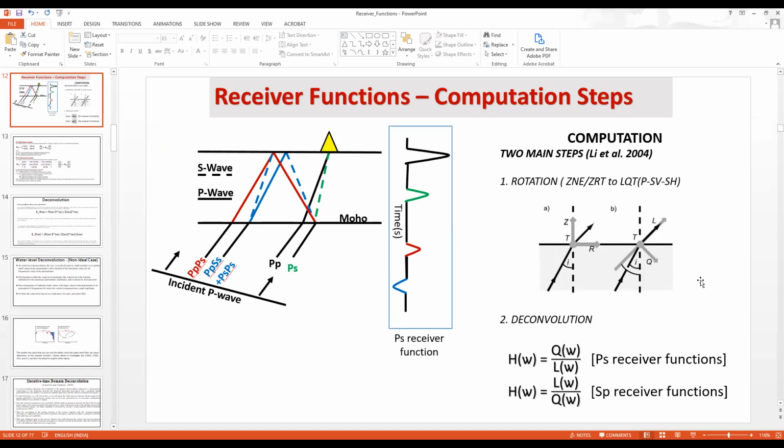For the tutorial part, I will just explain the MATLAB code, how to run it, how to calculate the receiver function, and also how to do the H-kappa stacking, to give you basic knowledge about how the results look using real data. In that tutorial, you will just be watching, and I will be doing everything and explaining.